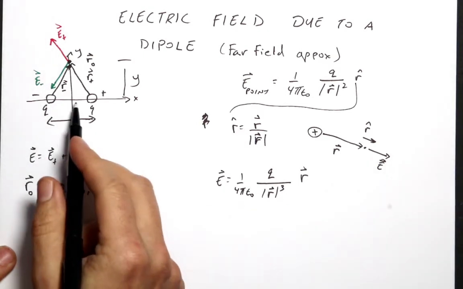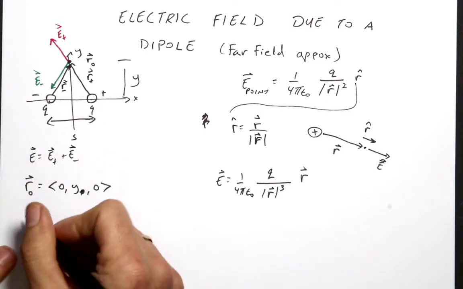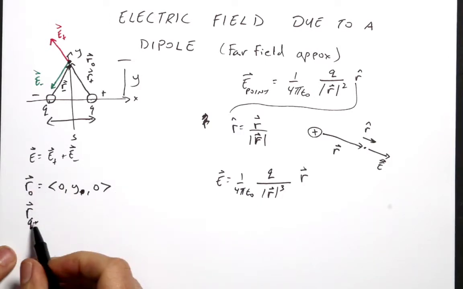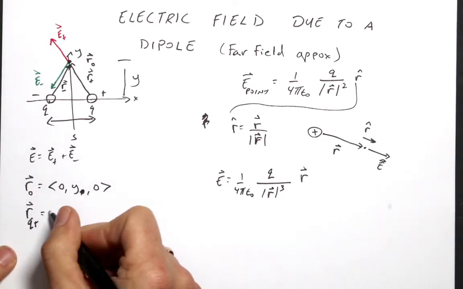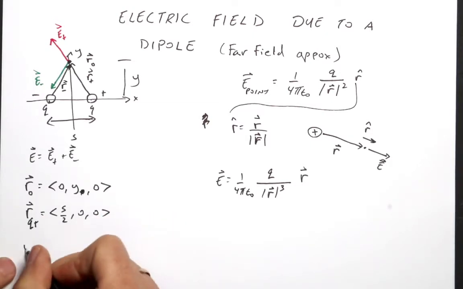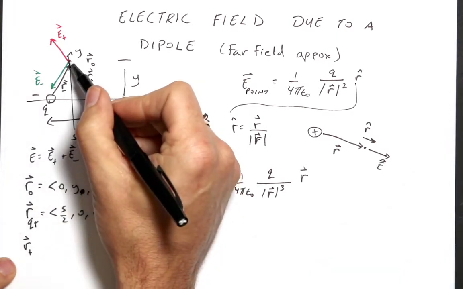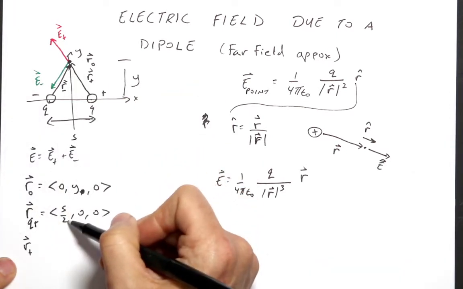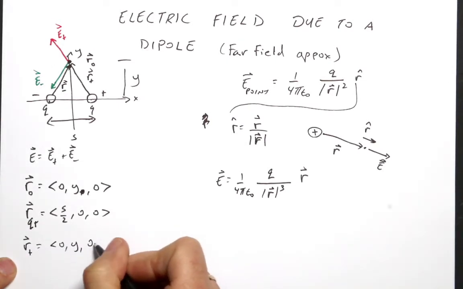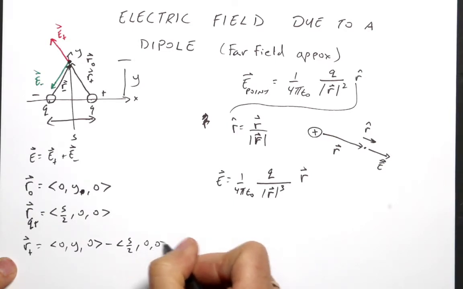Now, if s is the distance between these two charges, then r_Q plus, the location of the positive charge, is going to be <s/2, 0, 0>. So r plus is going to be equal to the final position, which is this, minus the initial position. So this is <0, y, 0> minus <s/2, 0, 0>.